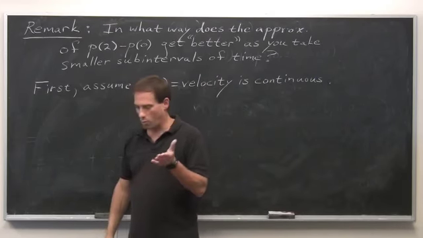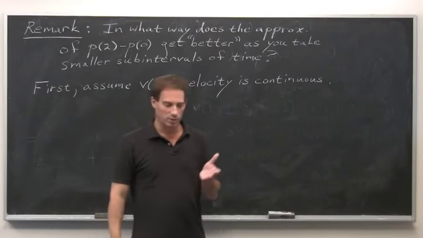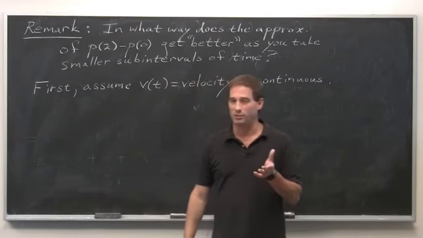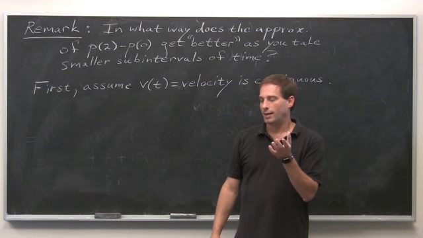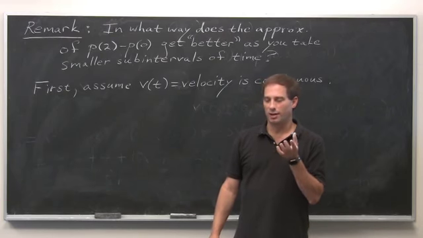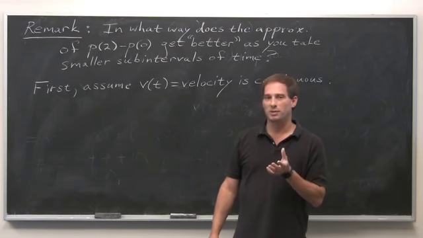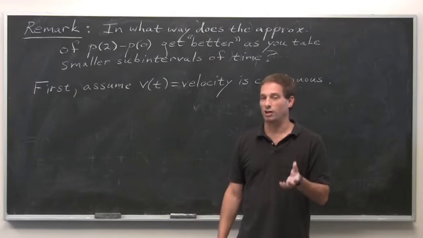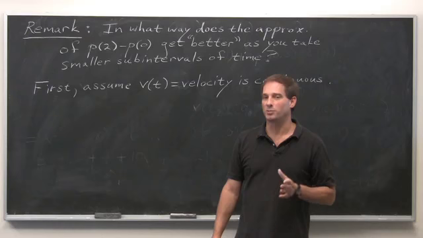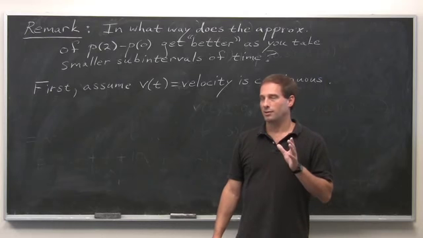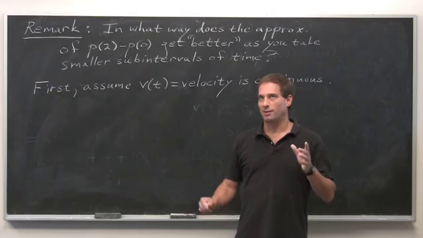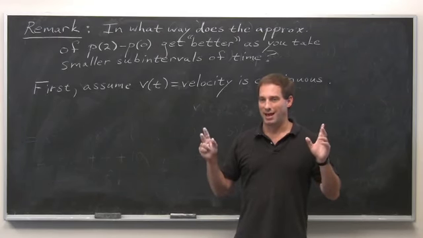Then what? What I want to say is, under the assumption that the velocity is a continuous function, if you take your time subintervals small enough, you can make your displacement approximation as close to the actual displacement as you want. So you have to give a name to the as-you-want part.